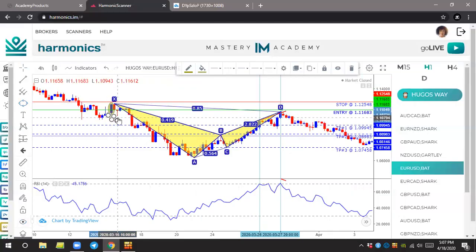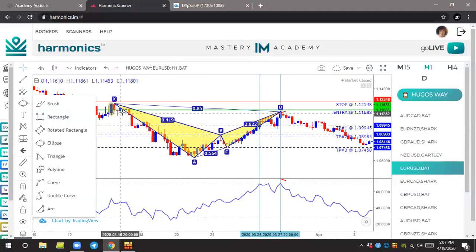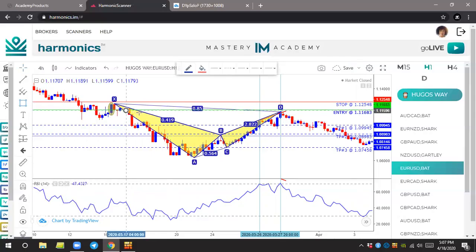And so price comes right into it, and we also have a fair value gap right there, right in between that market.